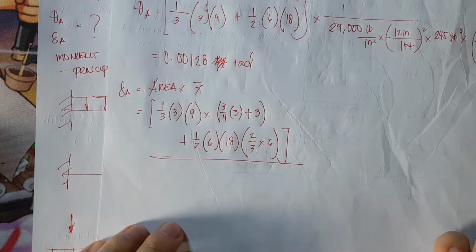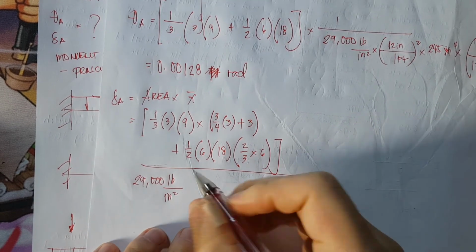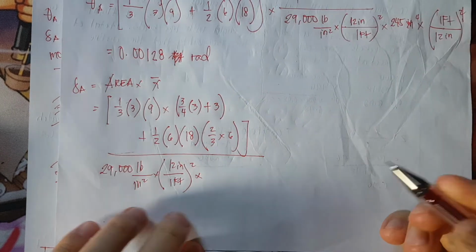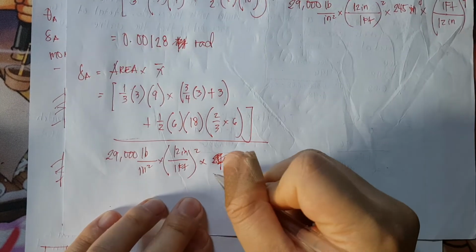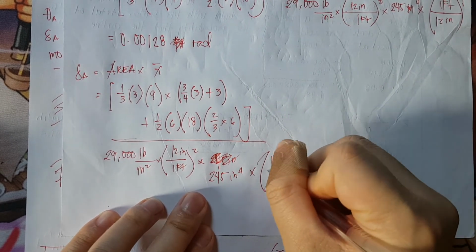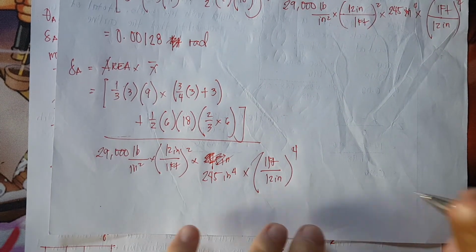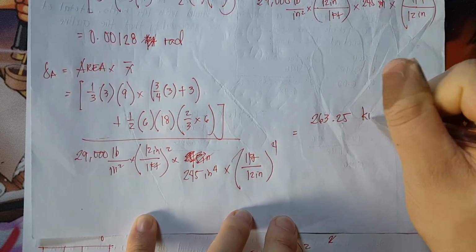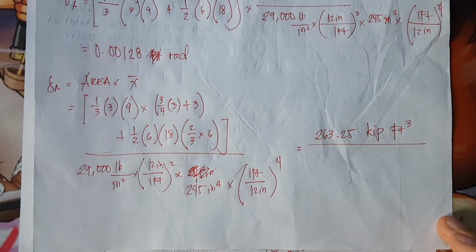Divided by EI. So, anong EI natin? 29,000 pounds per square inch times 12 inches equivalent to 1 foot squared times 245 inch to the fourth times 1 foot is equivalent to 12 inch raised to the fourth power. This is equivalent to 263.25 kip feet cube. Okay? So, medyo maliit lang ang makusolve nating value.